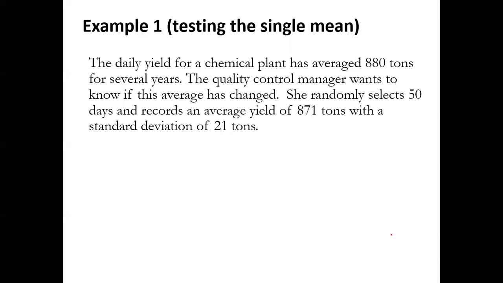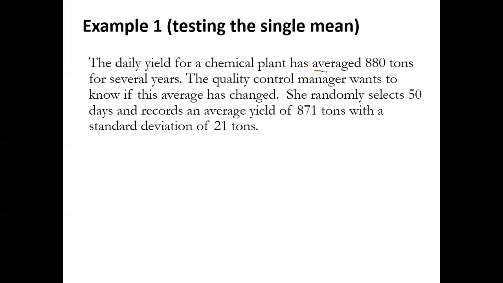As usual, we are going to recognize the key points in this question. In the first sentence, the daily yield for a chemical plant has averaged 880 tons for several years.